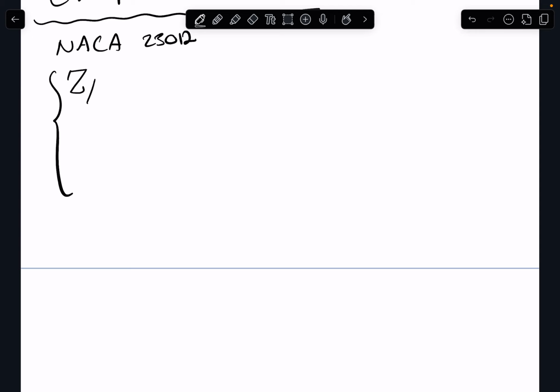The equation for the mean camber line: z over c is equal to a constant. The constant is 2.6595, but I'm just going to use a for that value. Think of a as just a constant number, multiplied by x over c cubed, minus another constant, 0.6075.